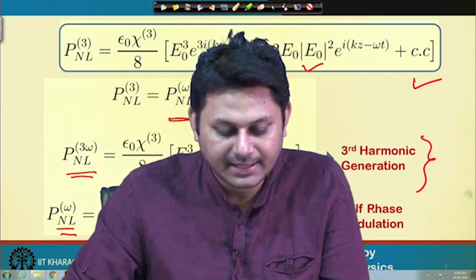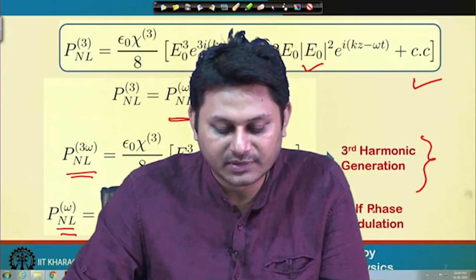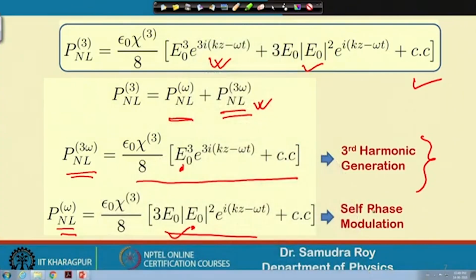So, now here we have a frequency component 3 omega, because the electric field will be generated by the polarization term that is vibrating inside the system. The dipoles will be vibrating at this frequency, which is now 3 omega. So, it is going to generate an electric field of 3 omega.